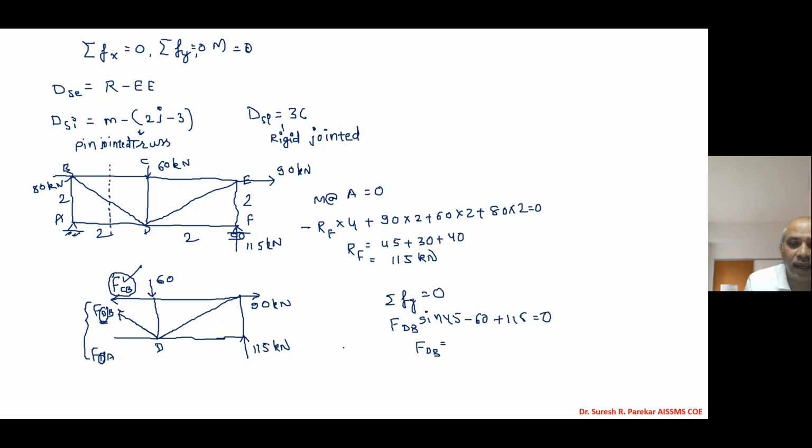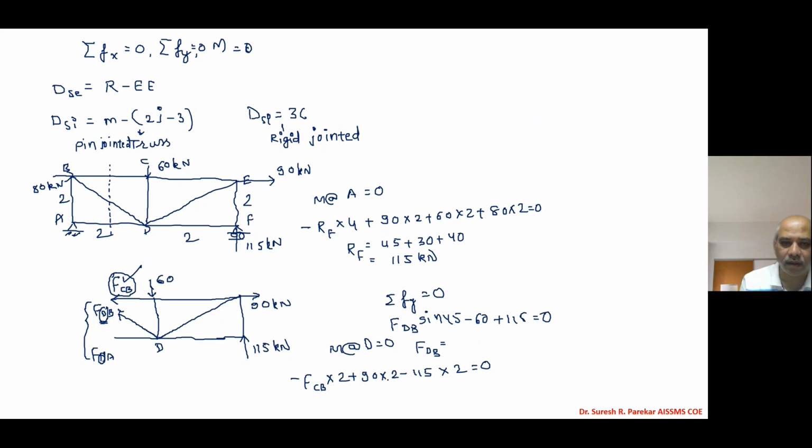Always assume tensile, and then I take moment about D equal to 0. FCB will develop anti-clockwise, so minus FCB into 2. Then the 60 passes through D, so it need not be considered. Plus 90 into 2 because it is clockwise, and then due to 115 anti-clockwise, minus 115 into 2, and that is equal to 0. We will get the value of FCB directly.